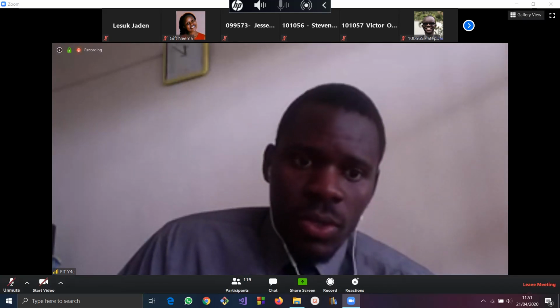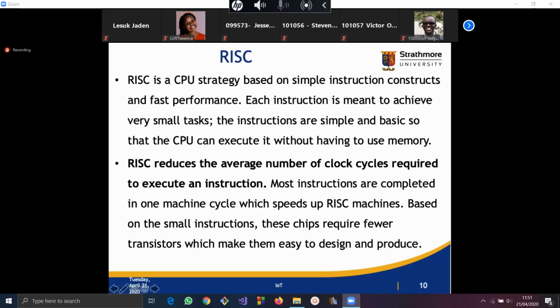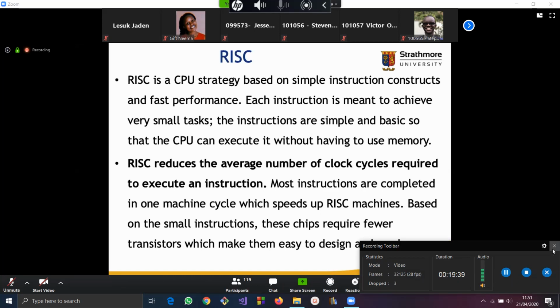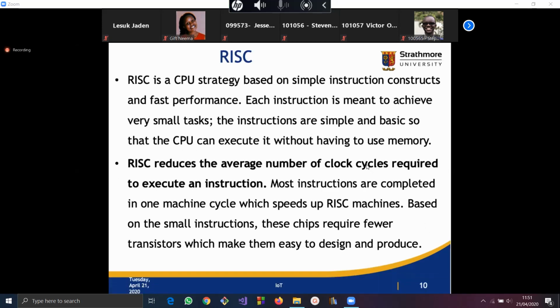Okay. So where was I? Okay. So RISC. So pay close attention. So RISC, what it does is it reduces the number of clock cycles required to execute an instruction. Okay.